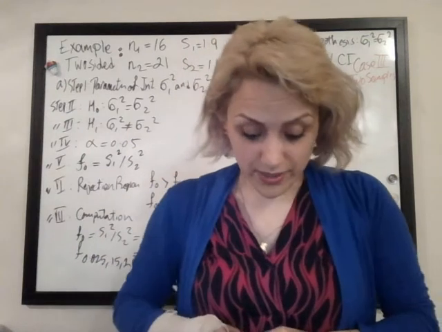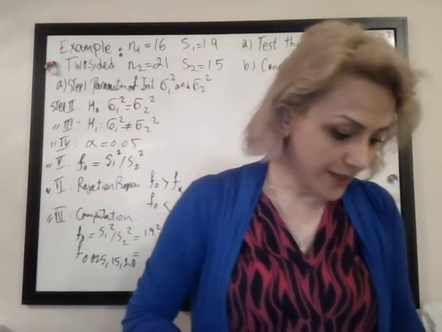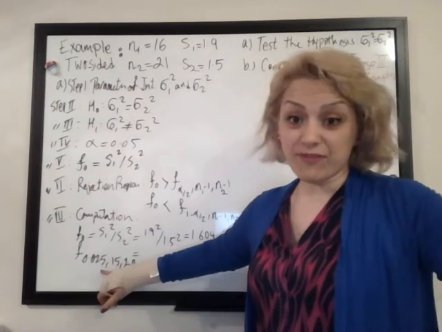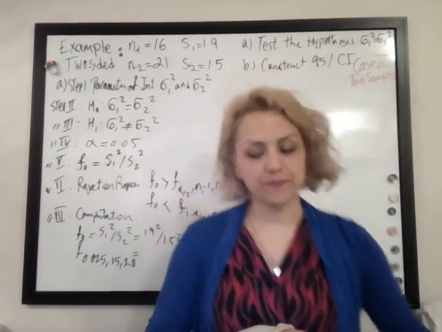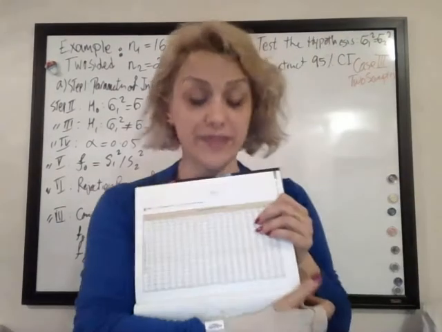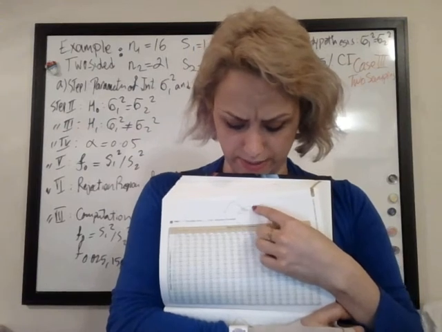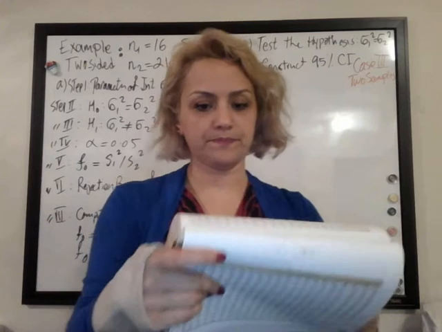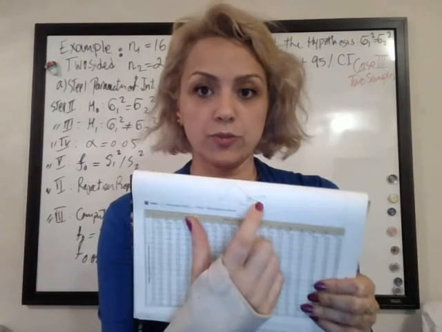So when we want to read it, we go to the F table for the alpha, because half of the alpha is 0.025. When we are comparing these F tables, we read what's written here. Here is 0.05. No. The next one here, it's written 0.025.